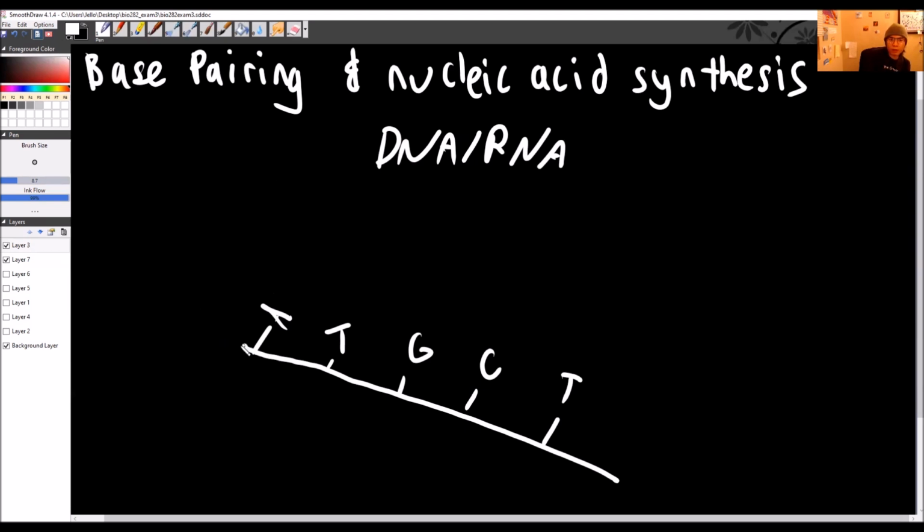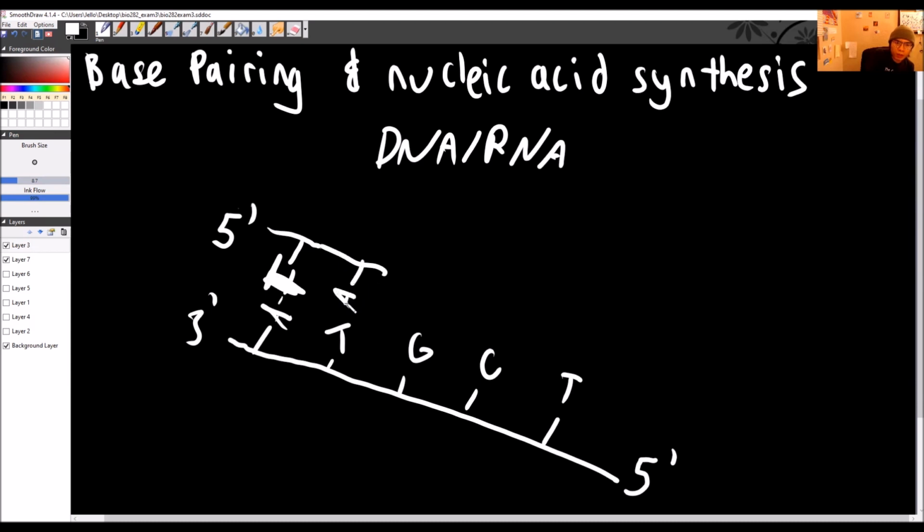The directionality is very important in DNA. So let's say that this is the 3' end, and this is the 5' end. Let's say that you were synthesizing a DNA, how would that go? I'm just going to show you how it works, and I'll explain it in a little bit. We would start with the 5' end over here. This is our new strand. And then we would start to make it. You have your T, it goes with that one.